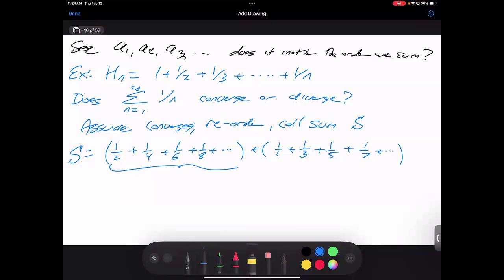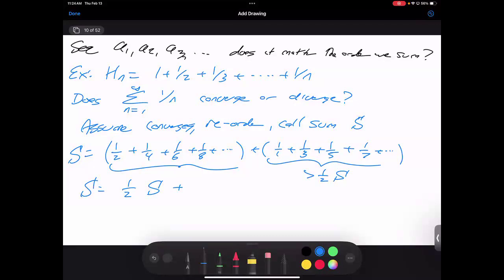It's 1/2 times S. So you get S equals 1/2 S plus, what do you know about the sum of the odds? Well, it's greater than. Right? Plus this over here is greater than 1/2 S.